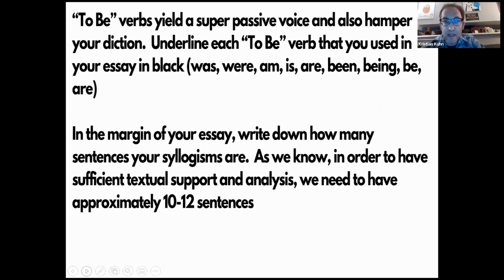At the AP level, again, something we're looking at is passive voice construction. We've done a lot of work on avoiding to-be verbs, because we know it just yields a passive voice. So in black, I'm having them underline was, were, am, is, are, been, being, be, which are your derivations of to be.